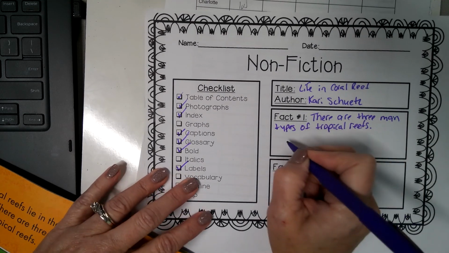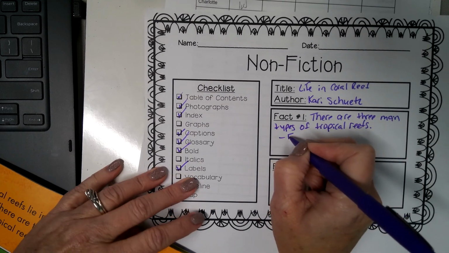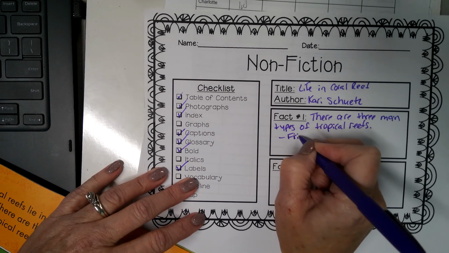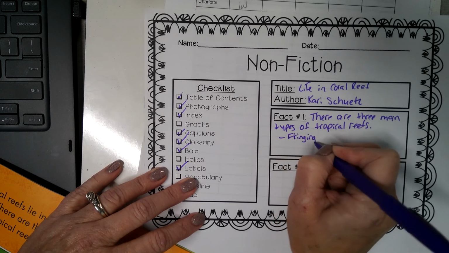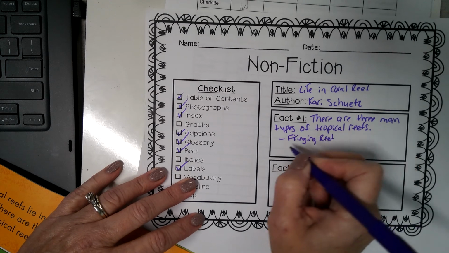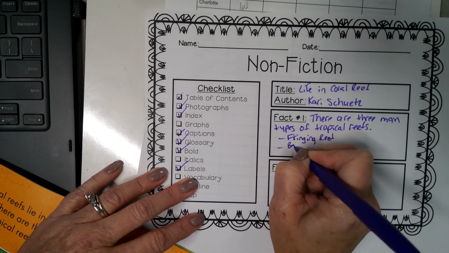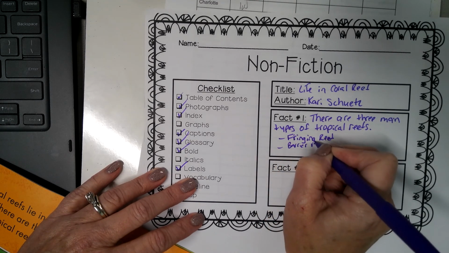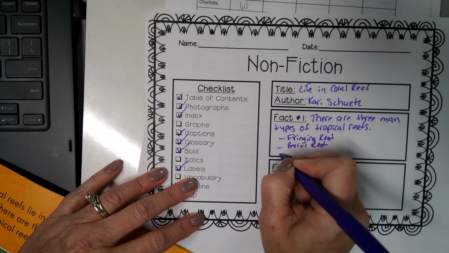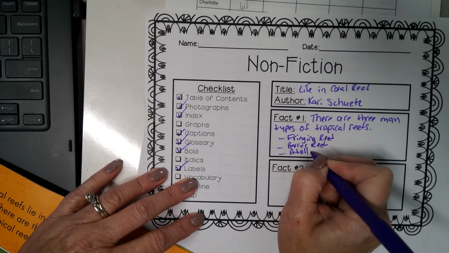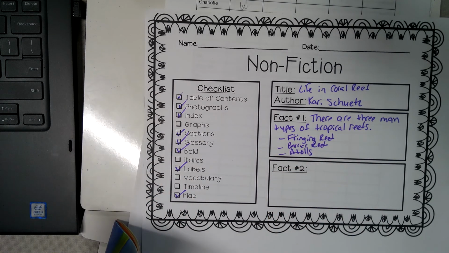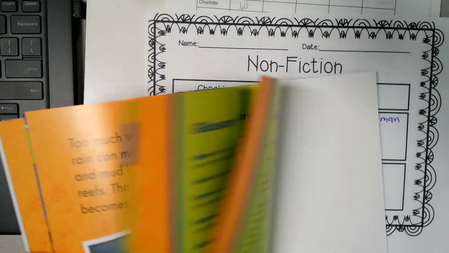And then I'm just going to list the 3 types there. Fringing reef, barrier reef, and the atolls.